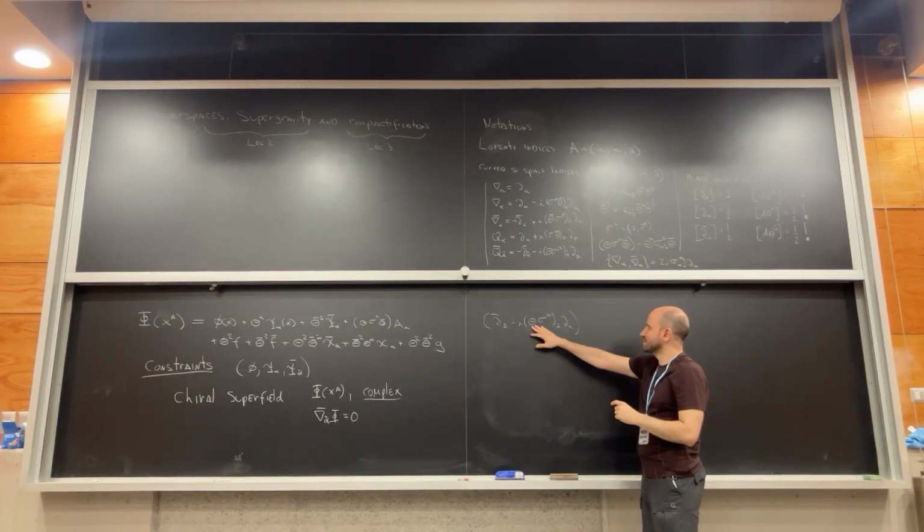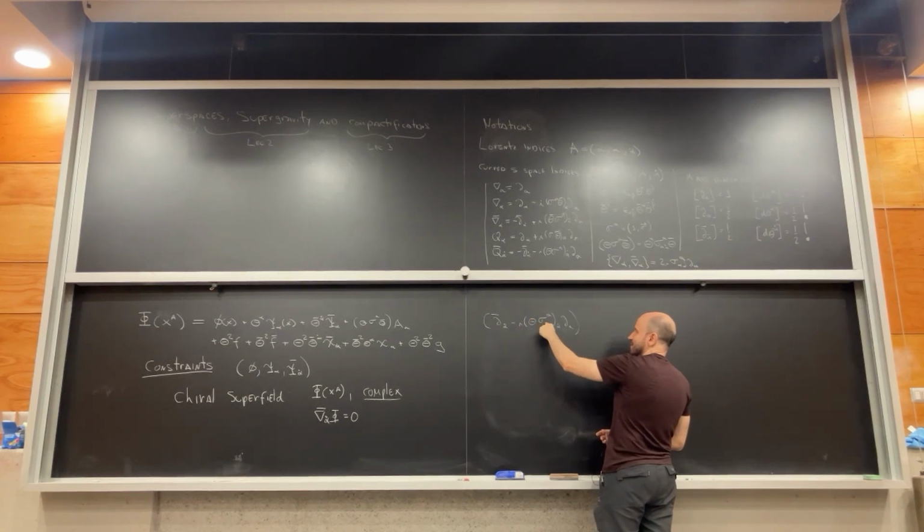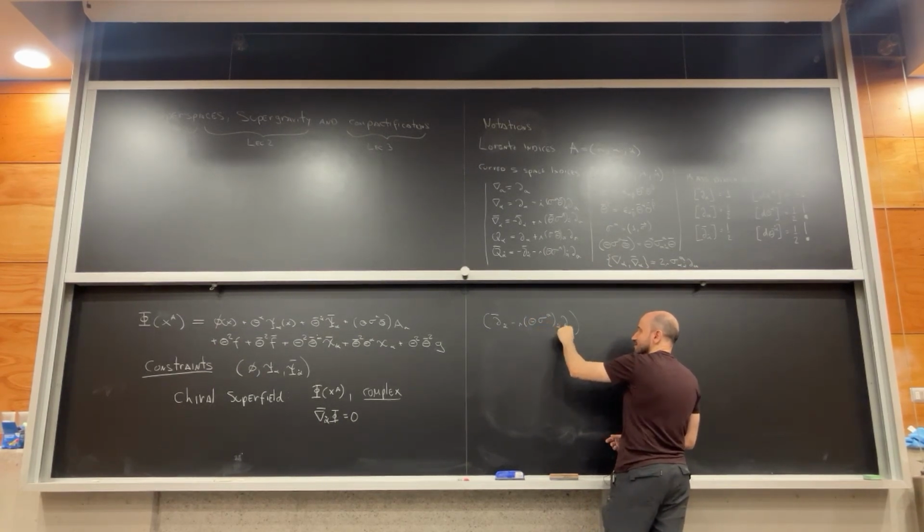Here I'm writing implicitly the contraction between the alpha index that's here in the theta and one of the alpha indices that's here in the sigma. So I write it just in the alpha dot.